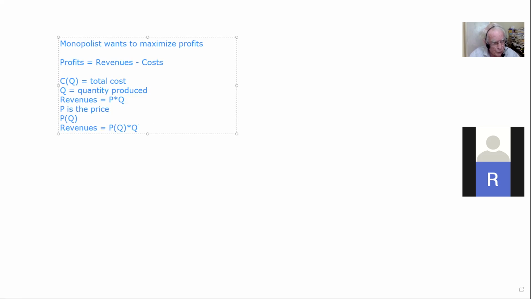So there are revenues. And they will usually assume that the inverse demand function is linear, although not really necessary to this particular problem.